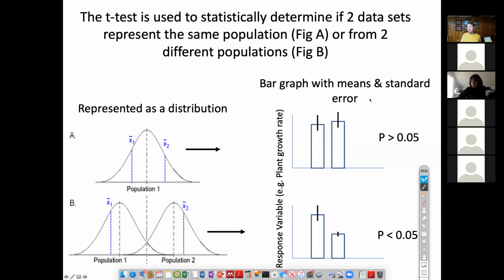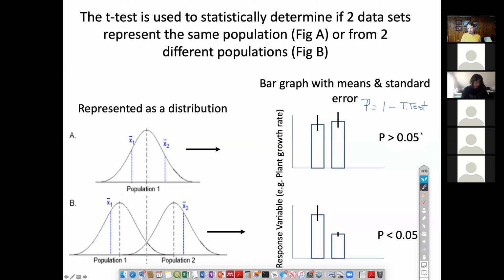The p-value is equal to 1 minus what you get for the t-test. So the t-test gives you the probability that they're from different populations, and the p-value is 1 minus the t-test. That's the probability that you would falsely think that they are from different populations.